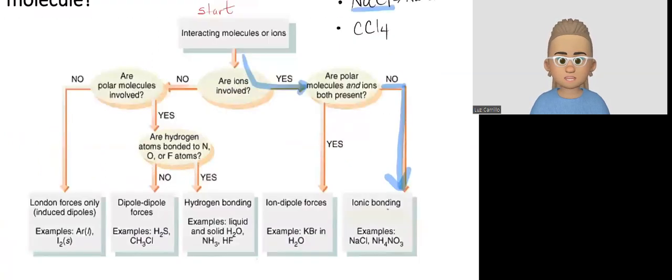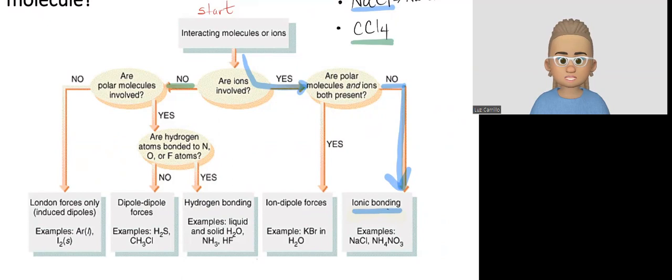Let's look at the example of carbon tetrachloride. In the case of carbon tetrachloride, we have to ask ourselves, are ions involved? The answer is no. Then it asks you, are polar molecules involved?